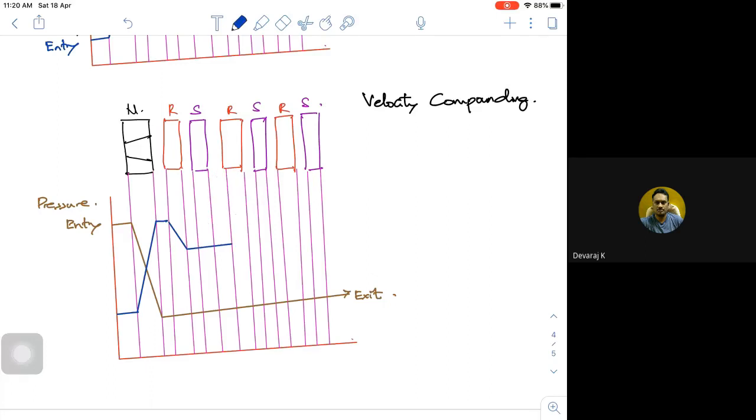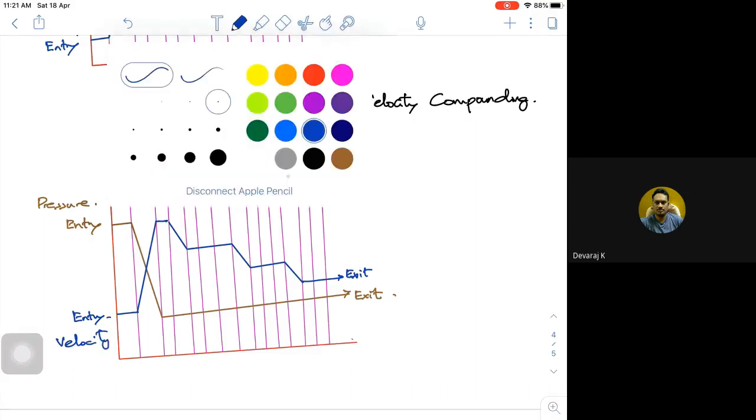Then the rotor, it gets expanded. Then it remains the same to the next rotor. Then it gets expanded. Then it comes out. This is your entry. So this is about your velocity.